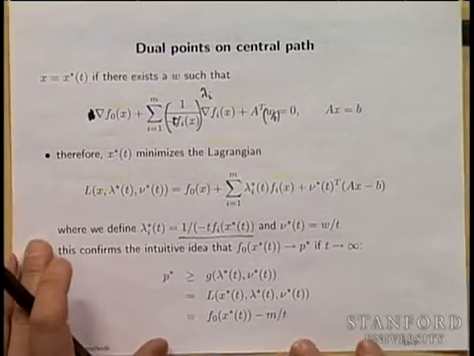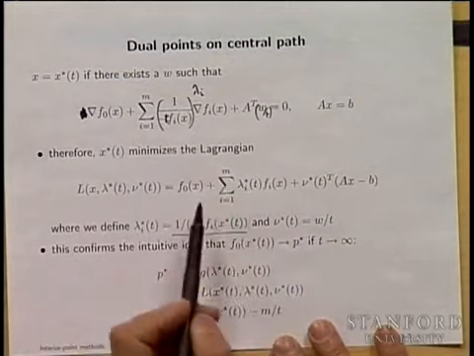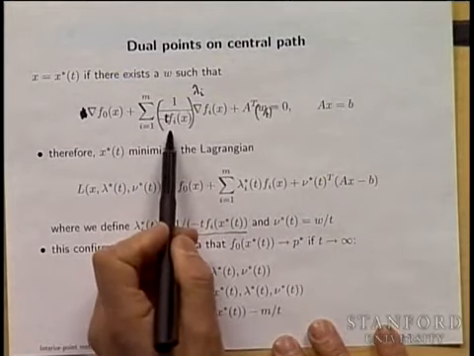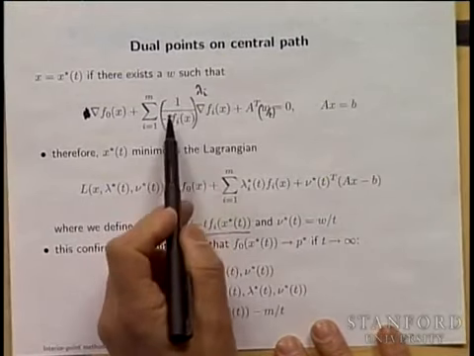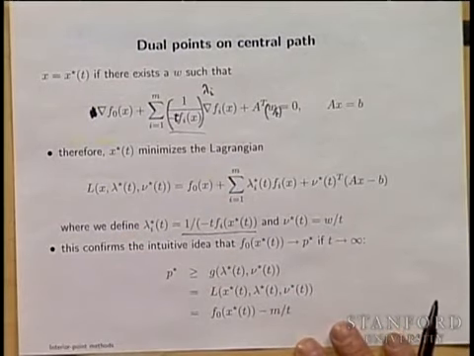When you finish, you define lambda i as minus 1 over t times fi of x, and you'll get a dual feasible point.